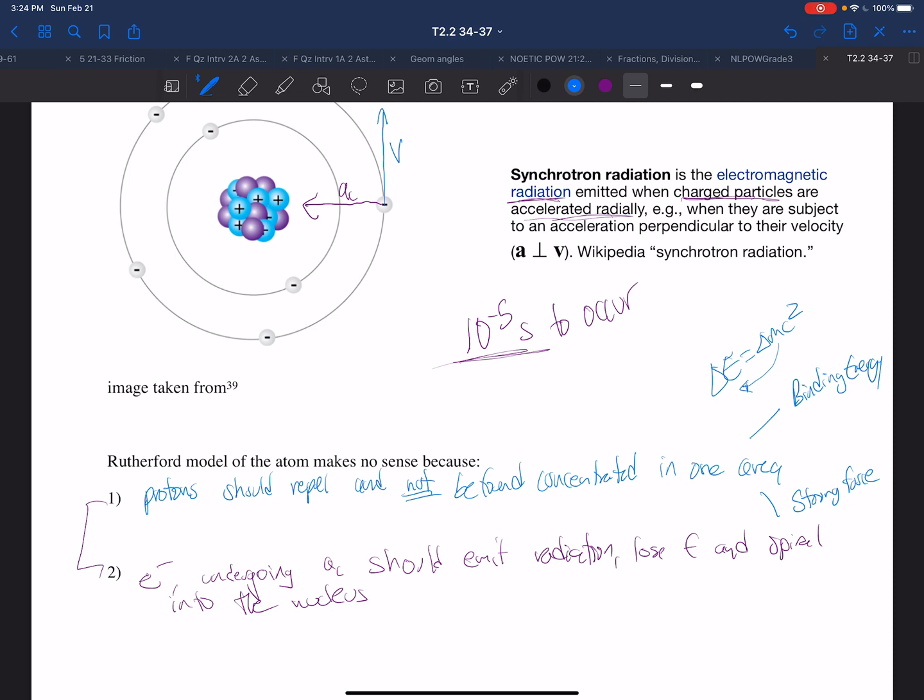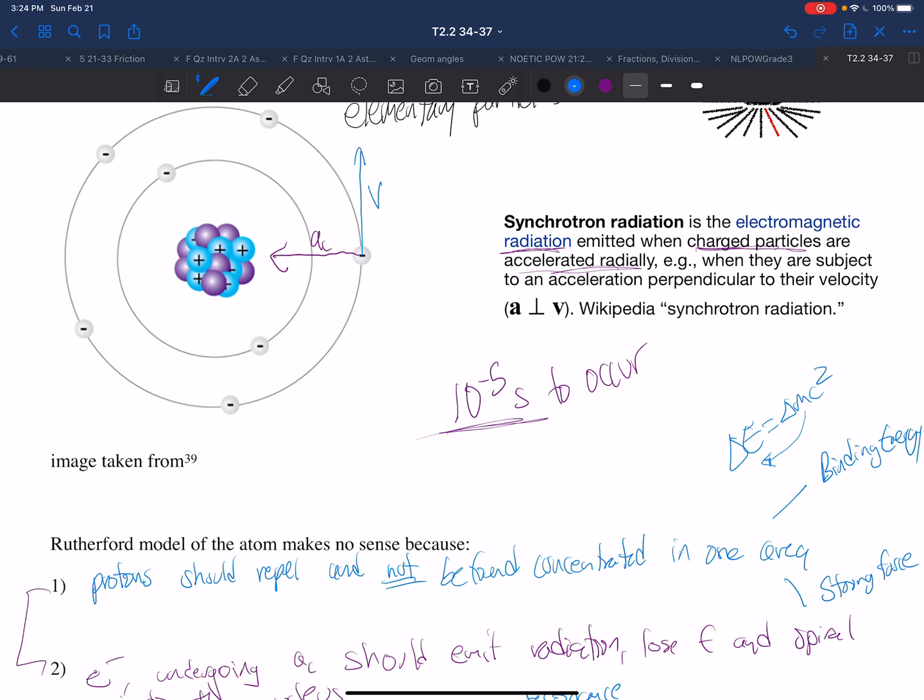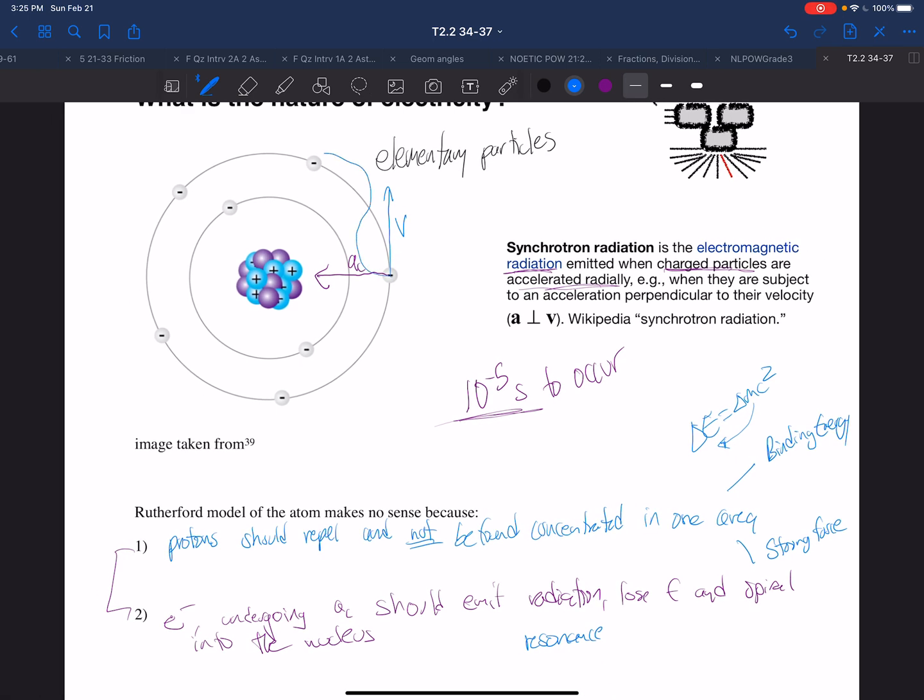The second problem was resolved by resonance, such that the electrons were particle waves, and as those waves traveled around their orbit, if they were a full number of cycles, they would reinforce each other.